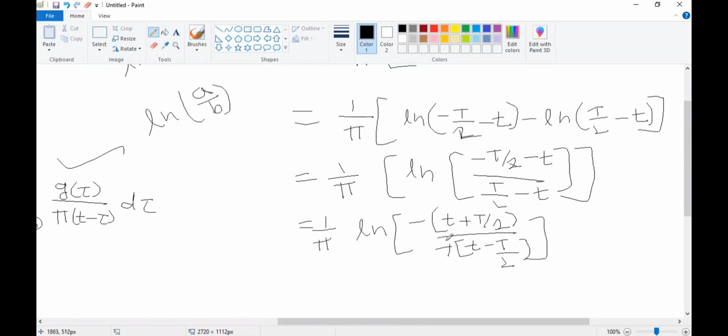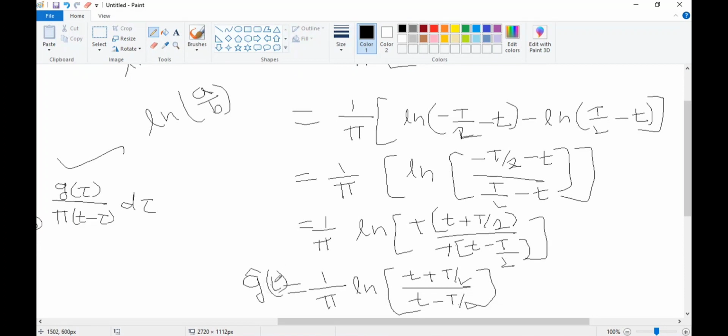This minus and this minus will get cancelled. So finally I'll be left with 1 by pi ln of t plus t by 2 divided by t minus t by 2. This is your final g cap of t.